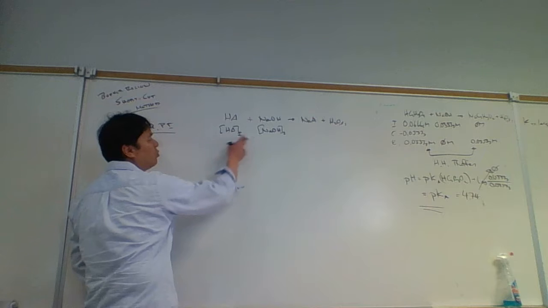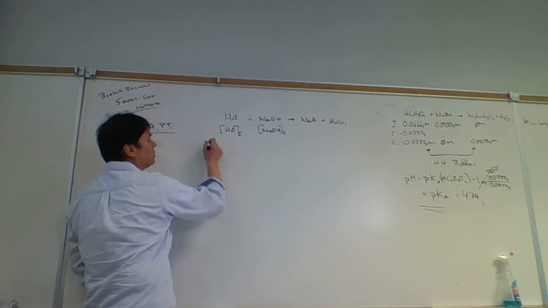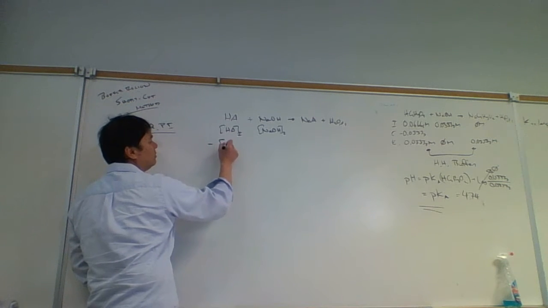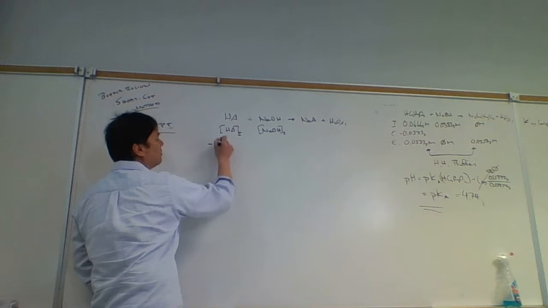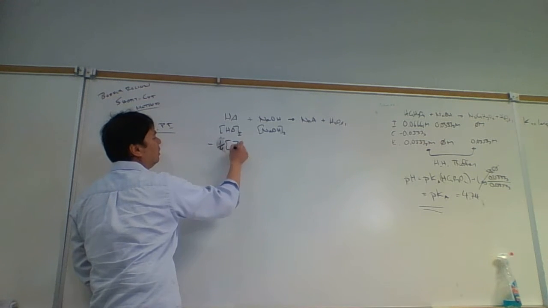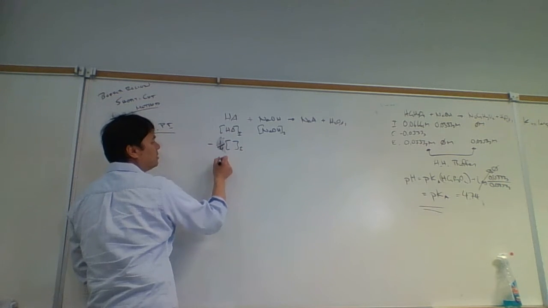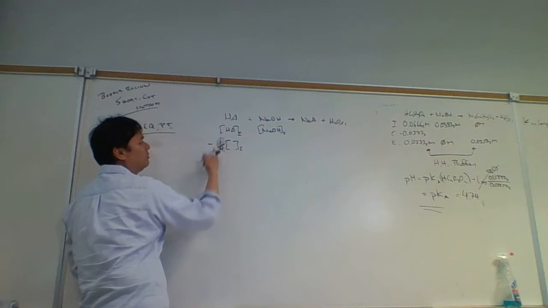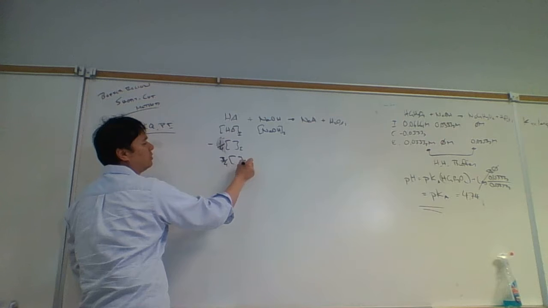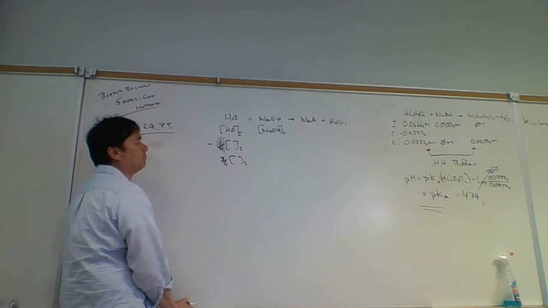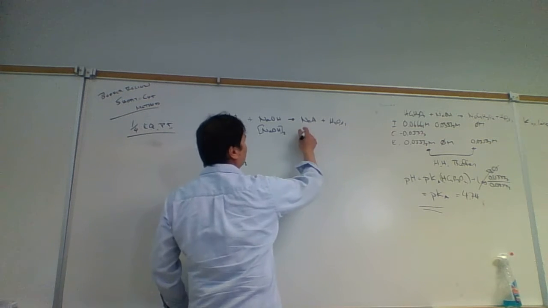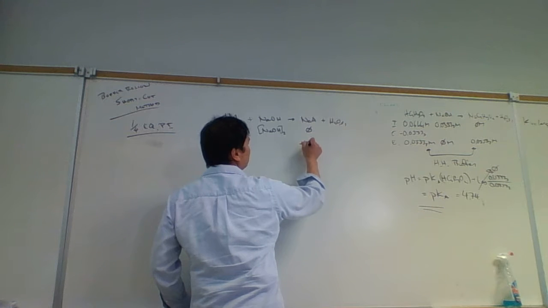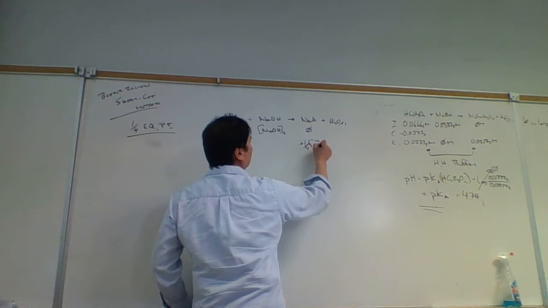I neutralize 1/4 of my initial, and that means I'm going to lose 1/4 of my initial. How much do I have left over? I have 3/4 of my initial left over, right? And then over here, this started off at 0, so this is going to be 1/4 of the initial.